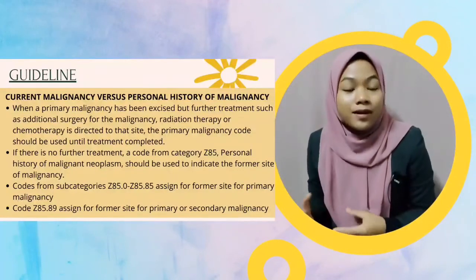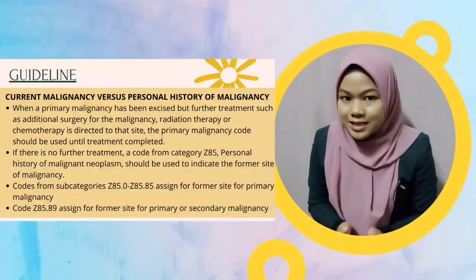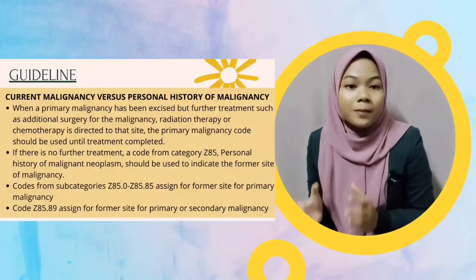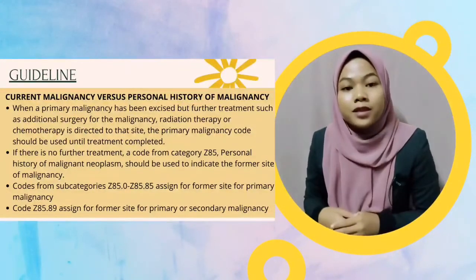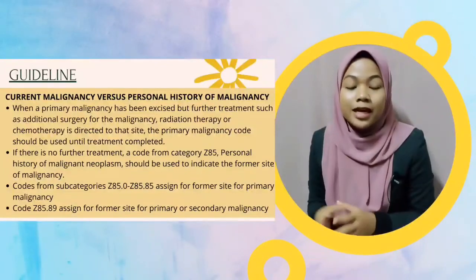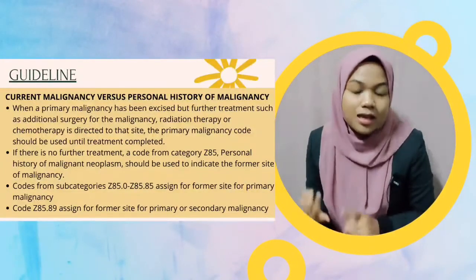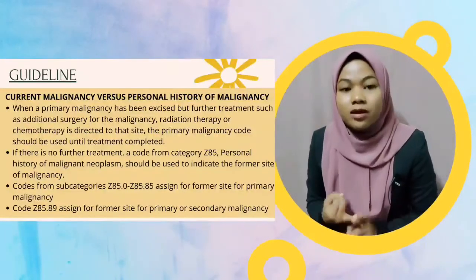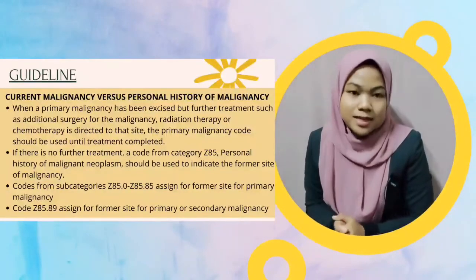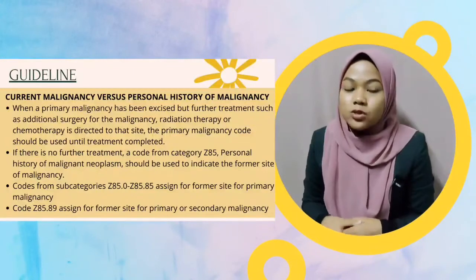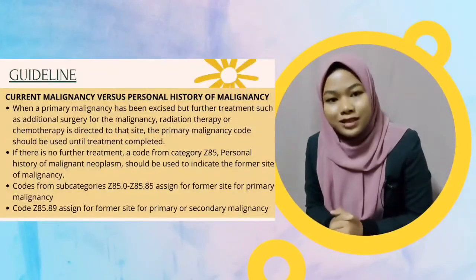The guideline is about current malignancy versus personal history of malignancy. When a primary malignancy has been excised or removed by further treatment, for example additional surgery for the malignancy, radiation therapy or chemotherapy, if this further treatment is directed to that site, the primary malignancy code should be used until treatment is completed.